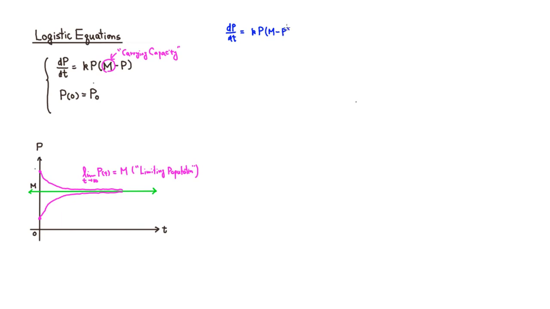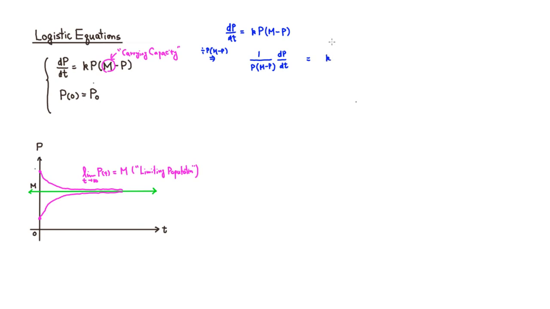Since this is a separable equation, I'm going to divide both sides by P times M minus P. So you end up getting 1 over P times M minus P times dP over dt is equal to just k left over.